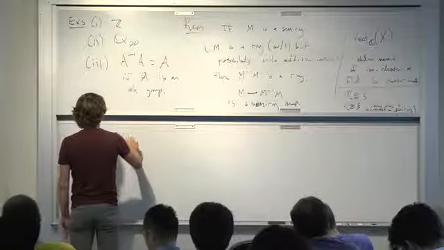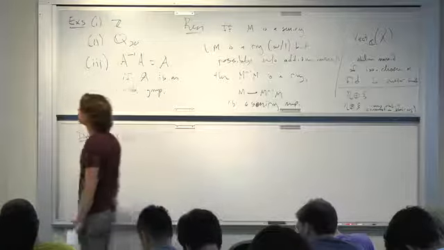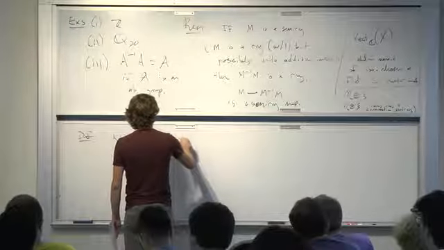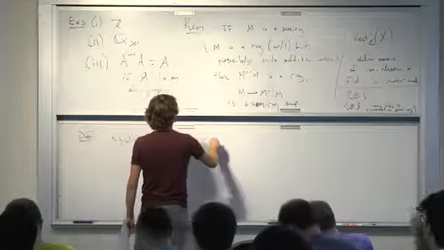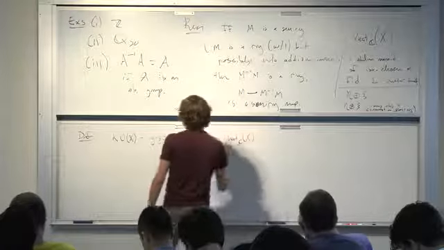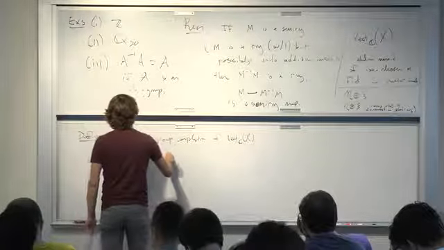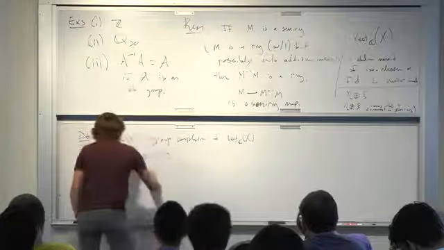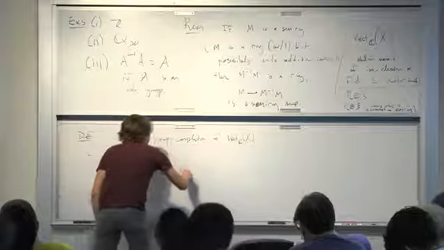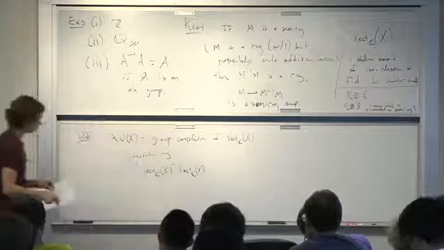KU(X) is going to be the group completion of Vect_C(X), and it's a commutative ring. In other words, this is Vect_C inverse Vect_C. Okay, so the notation breaks down here, obviously.